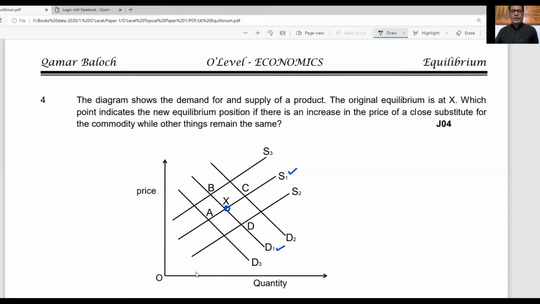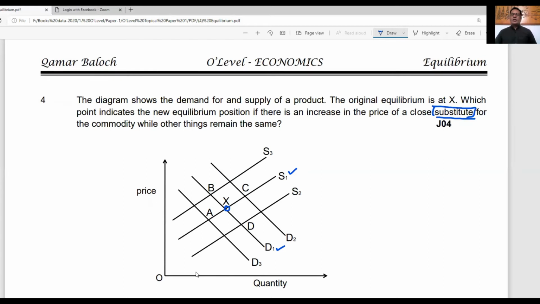Which point indicates the new equilibrium position if there is an increase in the price of a close substitute? Price of close substitute is a demand factor. You must be very much clear about the factors of demand and supply, which factors affect demand and which factors affect supply. If you clearly know that, then you can easily figure out the correct option.